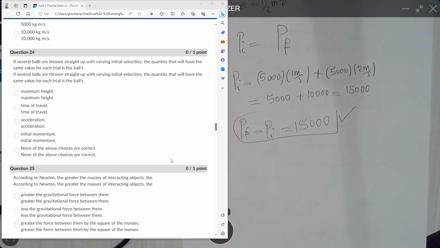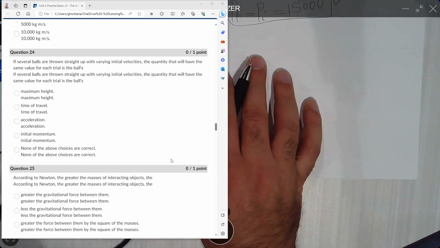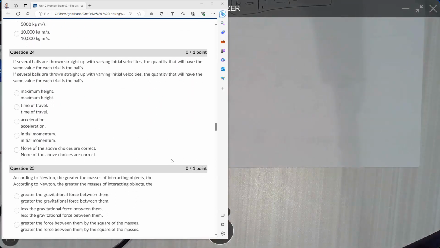If several balls are thrown straight up with varying initial velocity, the quantity that will have the same value for each trial is the balls'... If they are moving with different velocities, they will have different heights, different travel times, and different momentum because all have different velocities.